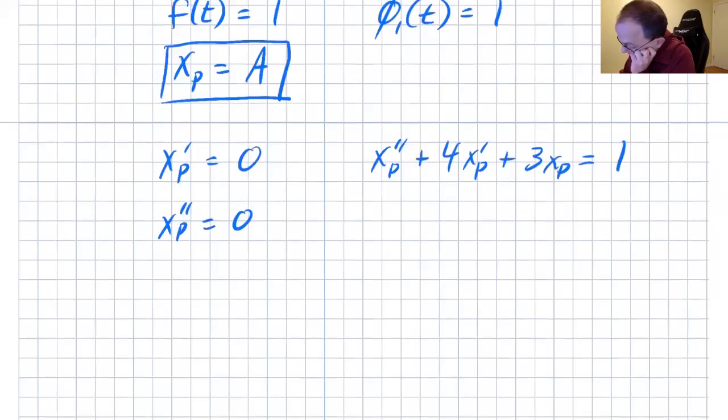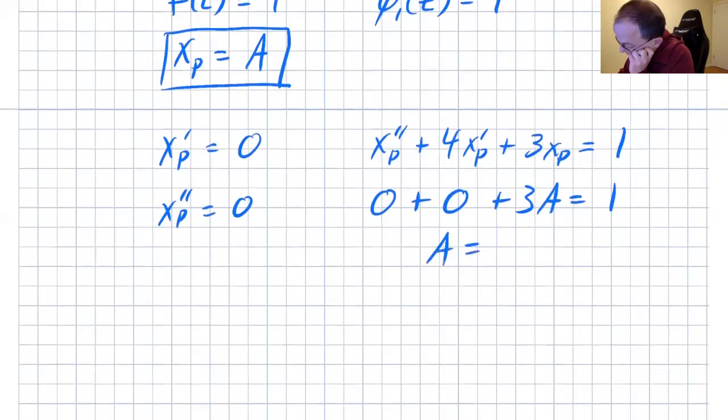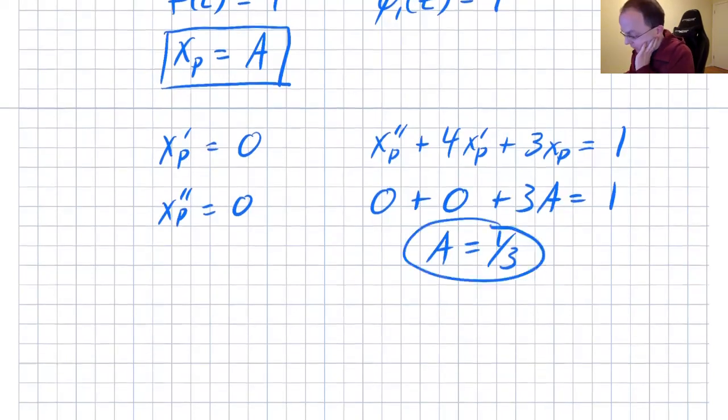And we have 0 + 0 + 3a = 1. And so therefore a is equal to 1/3. Okay, I'll just circle that. So there's the value of a.